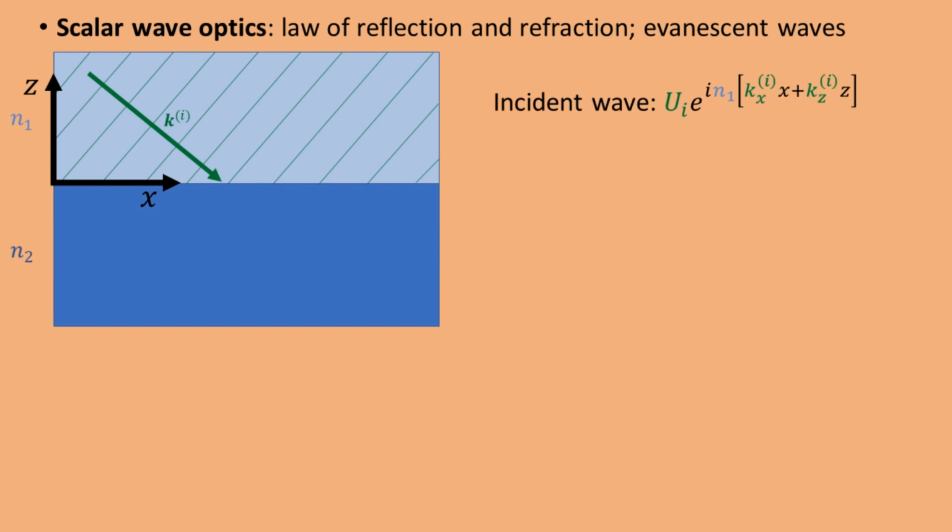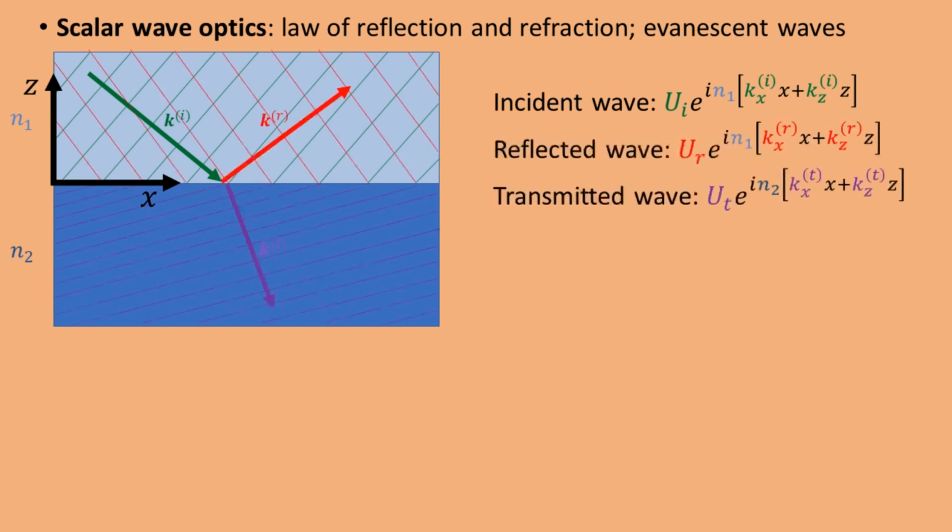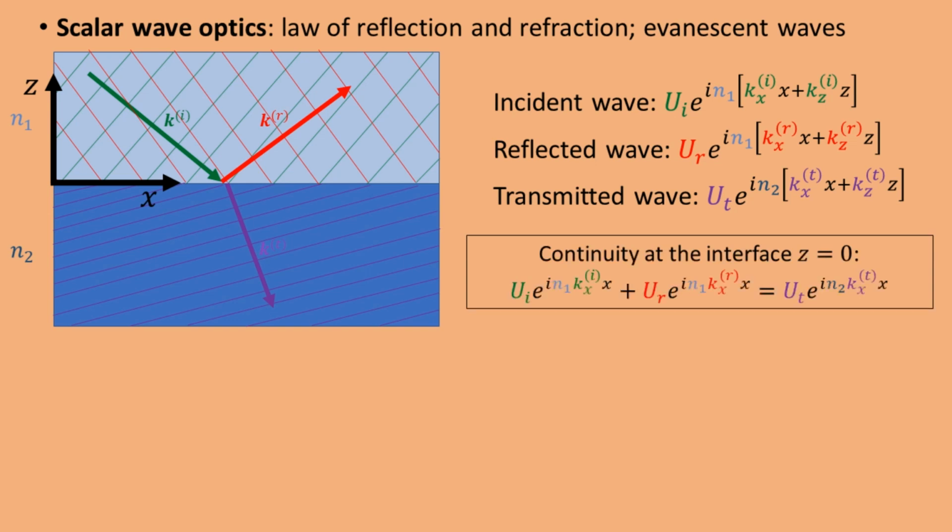Similarly, we can define the reflected wave and transmitted wave, which have wave vectors kr and kt respectively. Note that in this convention kzi and kzt are negative because the waves propagate in the negative z direction. In order to derive the law of reflection and Snell's law of refraction, we assume that the total field should be continuous at the interface, which is at z equal to 0.